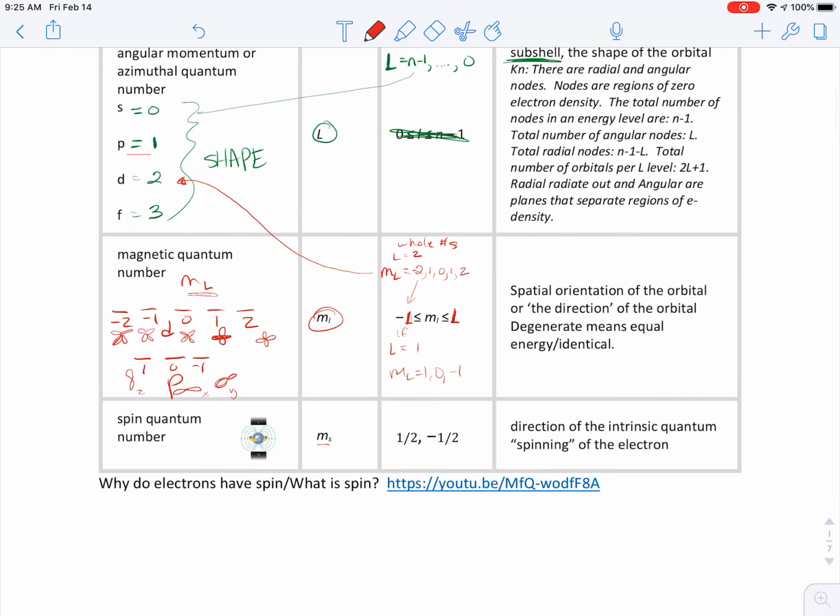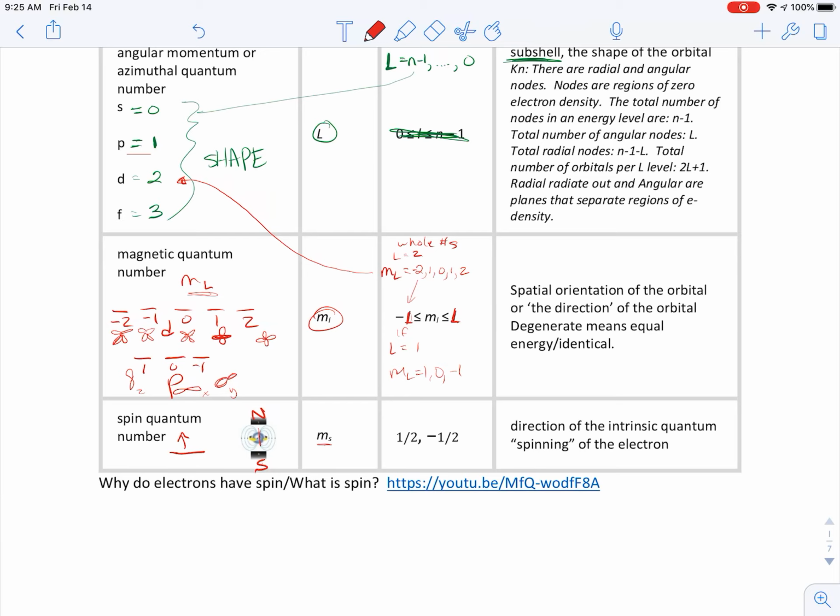And then the last one is our magnetic spin quantum number. That's because our electron is spinning on its own axis. So it's a negative charge spinning on its own axis, and it has a magnetic field that's generated. So you could call one side the north of the magnetic field, and this the south. And when the electrons go in, if you want to call up facing north, you can.